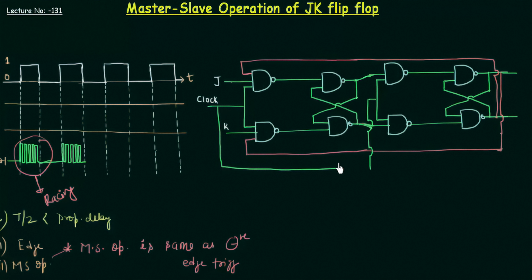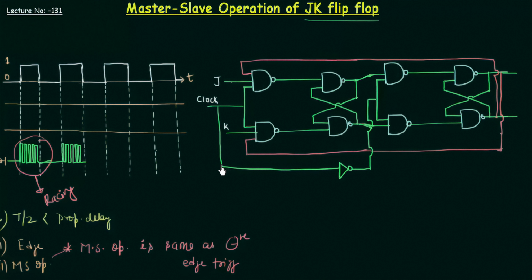So we will add a NOT gate here. Now this is the second important point in the master slave operation. And this circuit we call the master slave circuit. It can be implemented for SR as well as D flip-flop. There is no problem in doing that, but in this presentation we are going to discuss JK flip-flop.